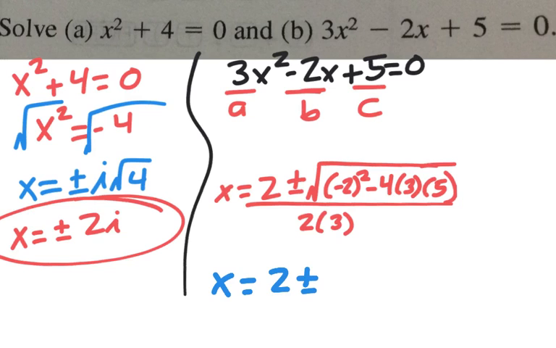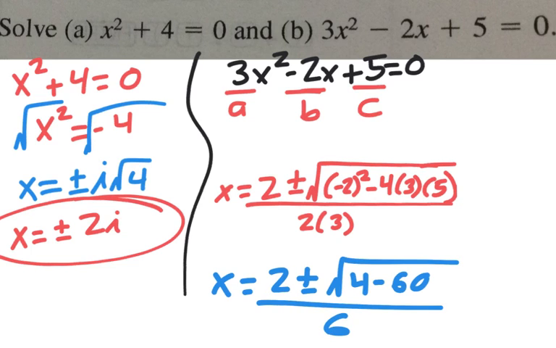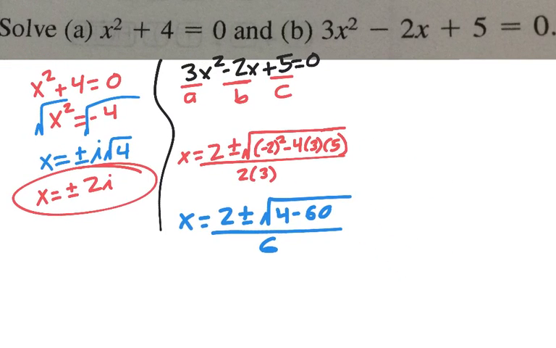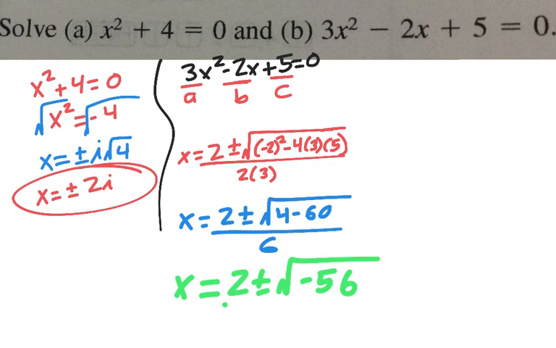So it's 2 plus or minus the square root of 4. That's 60 over 6. Somebody double check. 4 and 3 is 12. 12, I feel good about it. Okay, so that's going to be x equals 2 plus or minus the square root of negative 56 over 6.